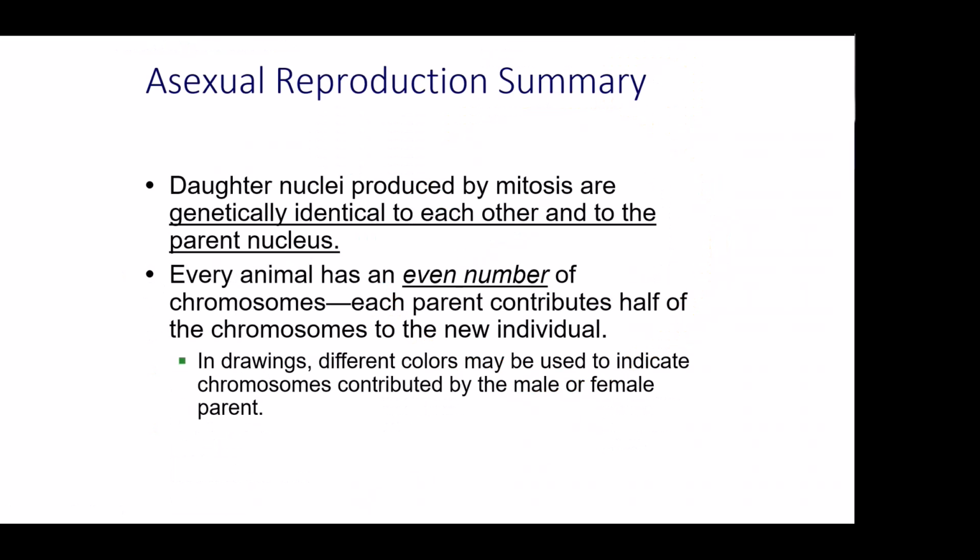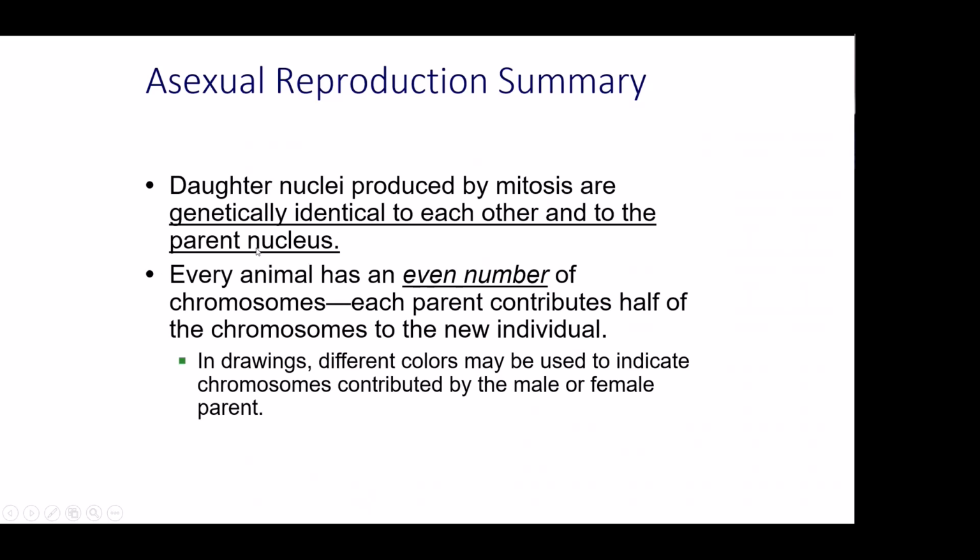So when you look at reproduction, making more, asexually, no genetic combination or variation, the two daughter nuclei produced by mitosis are identical to each other and to the parent nucleus.